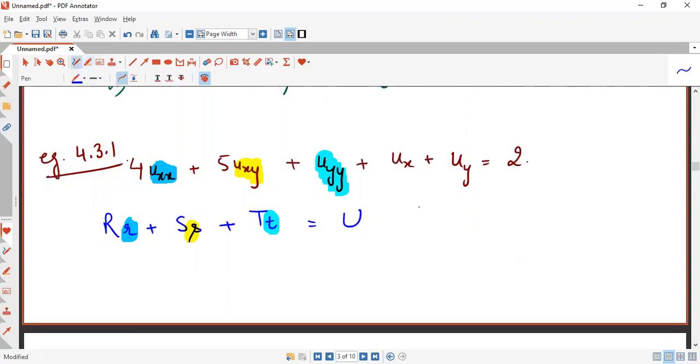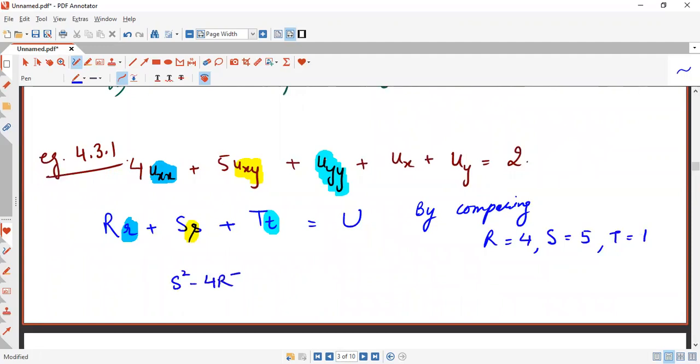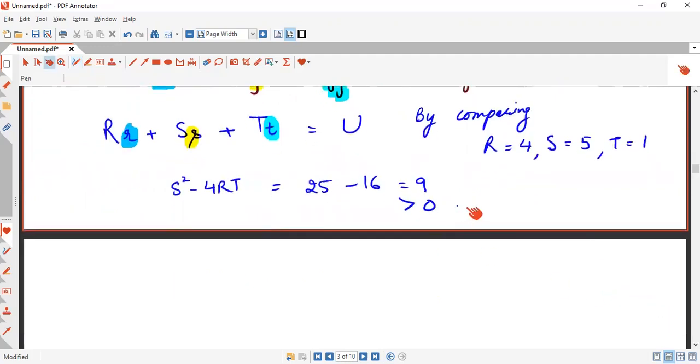So by comparing, we get capital R as 4, capital S as 5, and capital T as 1. Check S square minus 4RT. It is coming out greater than 0, and we have done that if it is greater than 0, the region is hyperbolic.